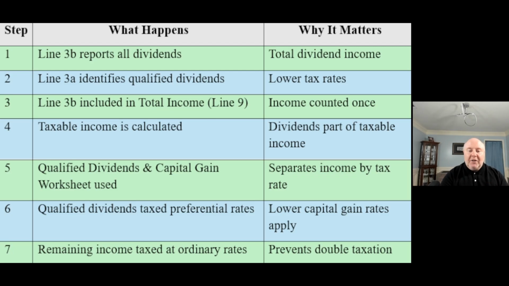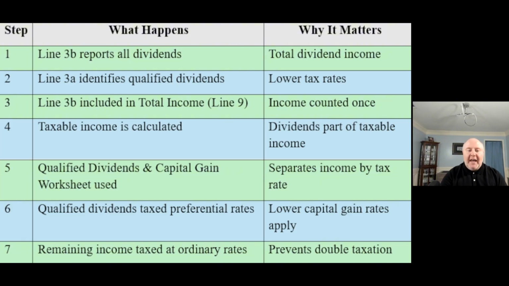Now we have to say, with our dividends, we're not being taxed at our ordinary tax rate on everything that appeared in line 3B. We look at our 3A, and out of that amount on 3B, the amount that also appeared in 3A is going to be taxed at our preferential rate, the 0, 15, or 20% tax rate.